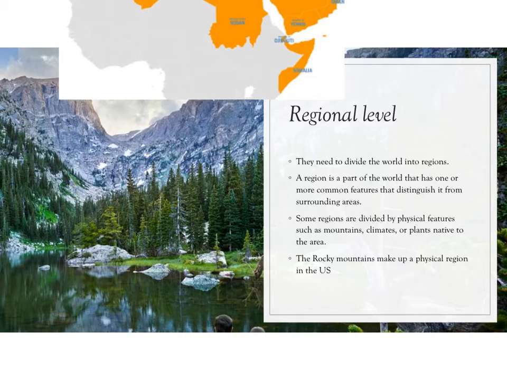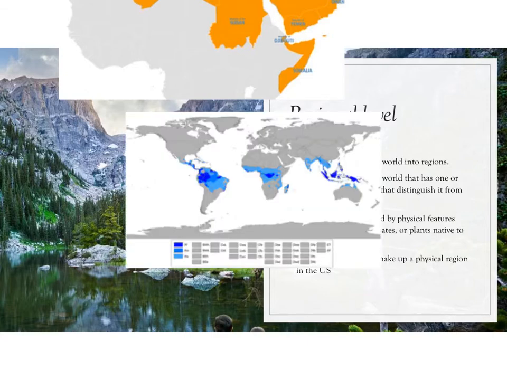I will give you another example. Let's look at this region, the one in blue. As you see, this region constitutes different places and different countries from the whole world.